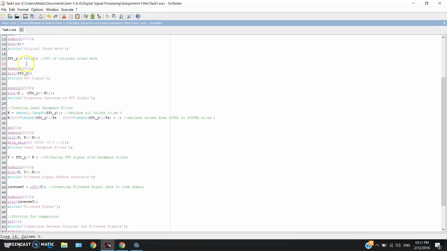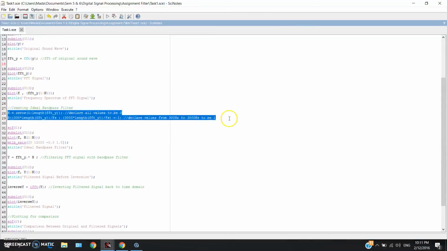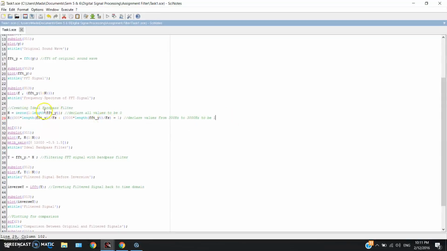Here these two lines represent the code to create an ideal bandpass filter, which sets the value to be zero for all range.